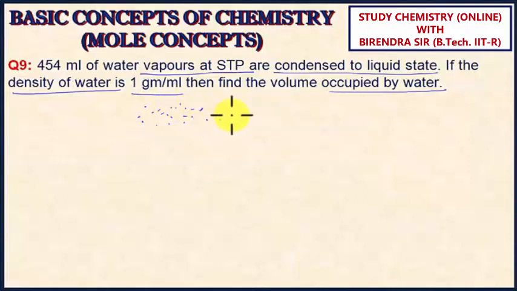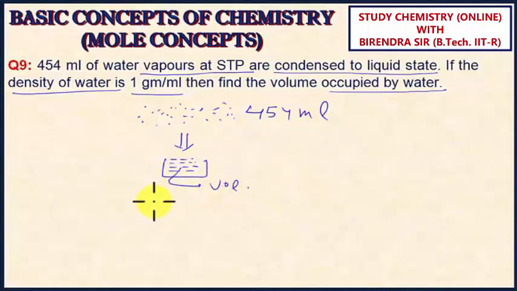The vapor, and how much volume is given? 454 ml. This is condensed to liquid, and they have asked the volume occupied by the liquid. As we know, volume is not a definite property for the gas. So if you condense, the volume will change, volume will decrease.